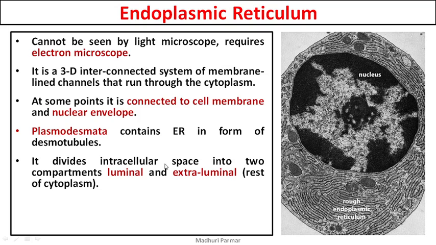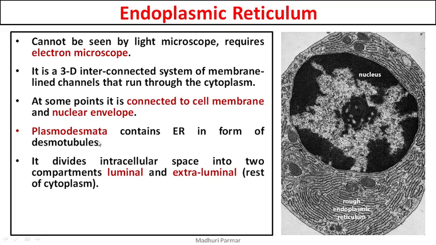Now one more thing I want you to clarify is inter and intra are different. Intra means within and inter means between two or more things. So you can say intercellular when there is something between two cells, and when you want to talk about something within the cell, you say intracellular.